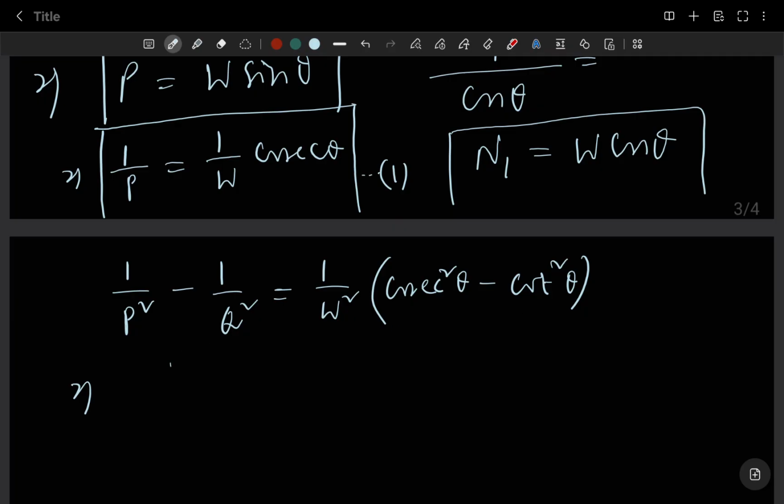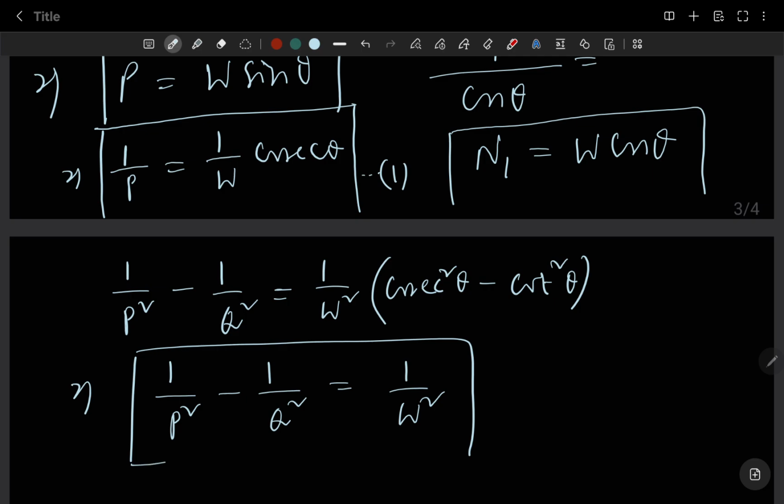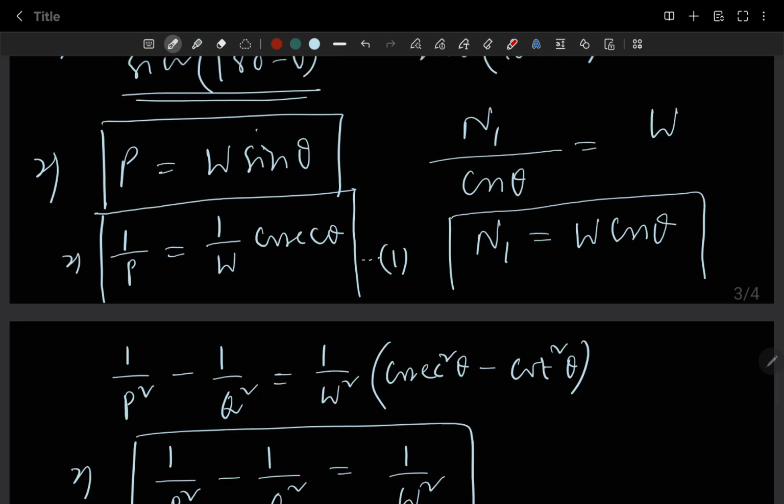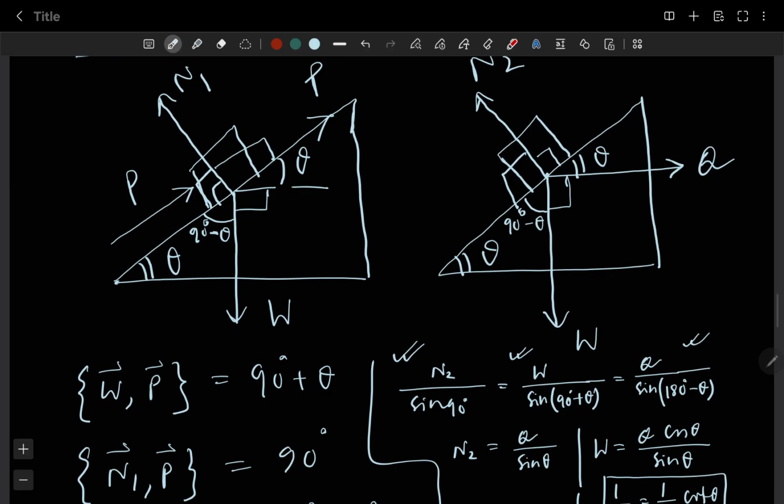So you get 1 by P square minus 1 by Q square is 1 by W square. Okay, so this is the relation between P, Q and W, these three forces, P, Q and the weight W.